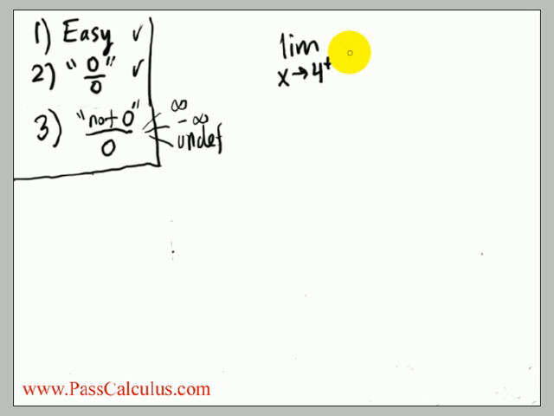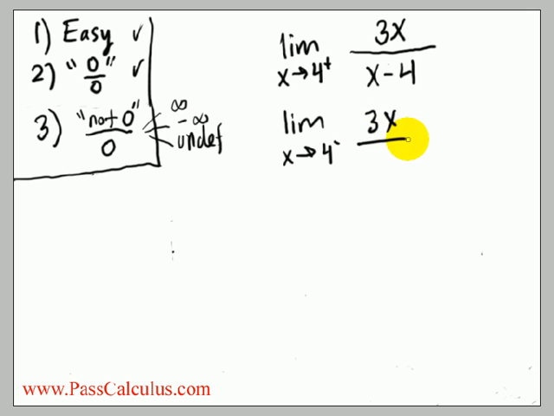The limit as x goes to 4 from the right of 3x over x minus 4. And we'll do the other side as well. The limit as x goes to 4 from the left of 3x over x minus 4. How about those two?